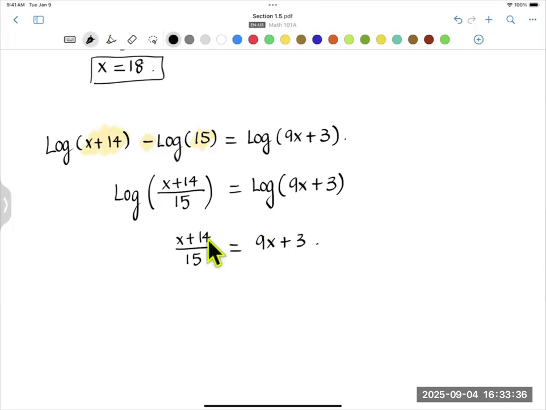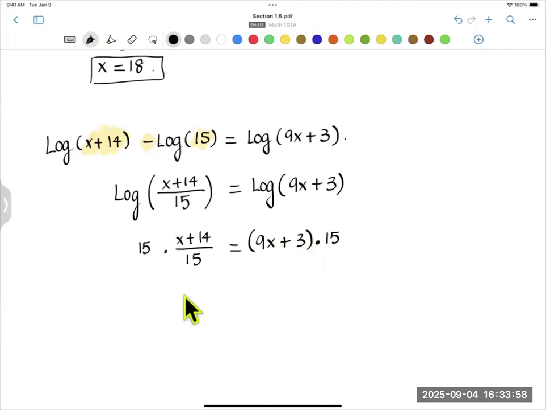Okay, we have the new equation, but when solving an equation, we don't want the denominator. One way to solve it is to multiply by 15 on both sides to get rid of the denominator. Make sure you put this into parentheses because you have two terms.